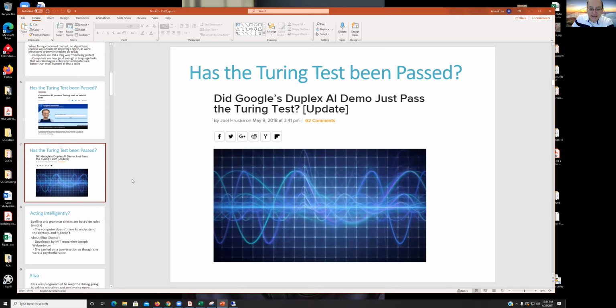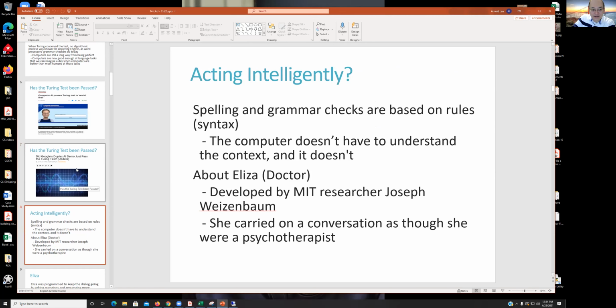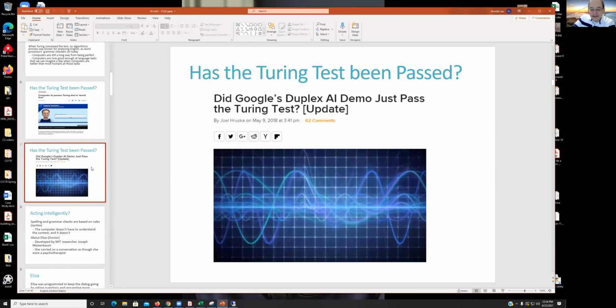So then you also have things like Google. Google has done their shot at this, and whether that passed the Turing test or not is still open for debate, but it's getting closer. There are things where it gets pretty close. Some of you may or may not have tried this. I've been using Google.